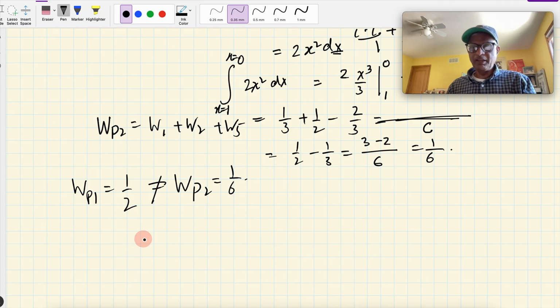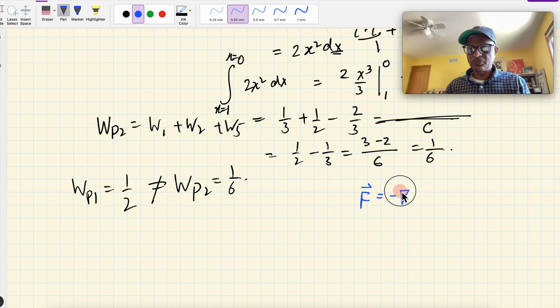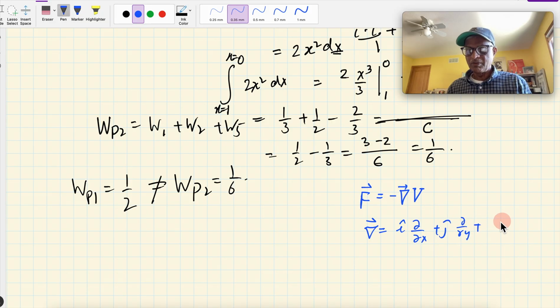Now, I'll let you in on it: if you have a force that can be written as del of a potential function, what is del? Del is i hat d/dx plus j hat d/dy plus k hat d/dz.